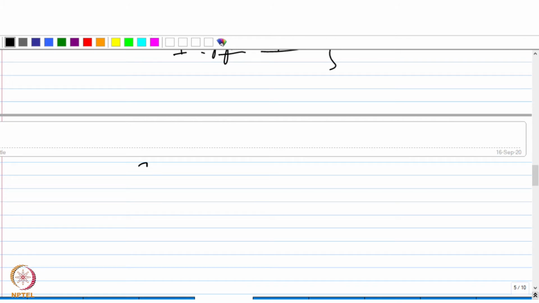So let's say you have a grain like this, and here you have a lot of dislocations which are generated due to the cold working. Now as you heat the material to an elevated temperature, the dislocations will arrange themselves in a manner which will reduce the energy of the system.